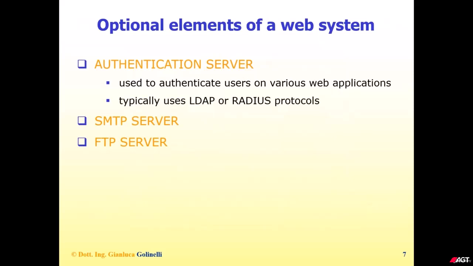A web system in general may have additional architecture elements, such as an authentication server or an SMTP server for forwarding mail, but it is essential not to include components if they are not actually needed, in order not to increase the attack surface without reason.